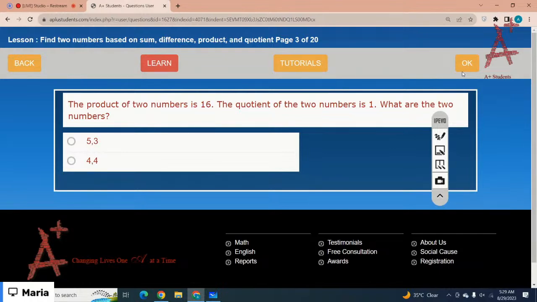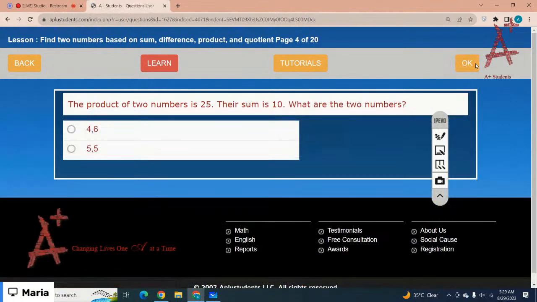And when you divide them, 4 divided by 4 is 1. So, the correct option is 4 and 4, yes, that would be the second one. 4 times 4 is 16 and 4 divided by 4 is 1.